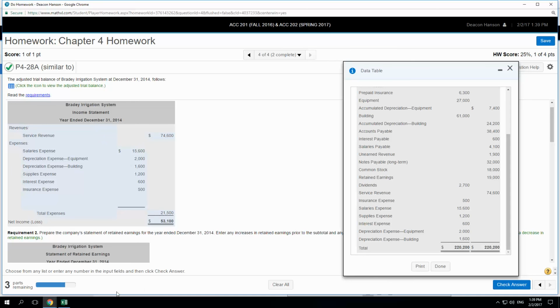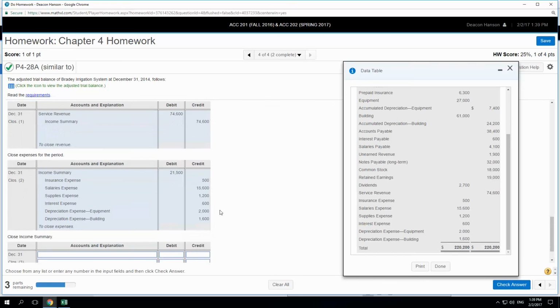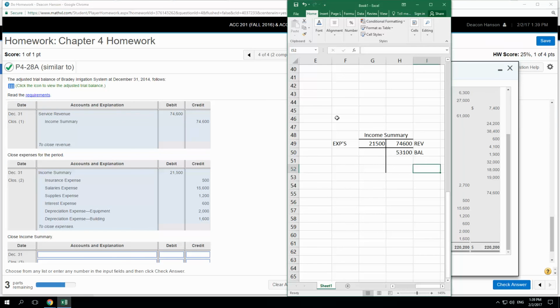Okay, but we're still doing the bookkeeping here, so we need to eliminate the income summary account. So what we're really doing is we're going to debit the income summary account for whatever the balance is, and the balance is 53,100. And what are we going to credit? Do you guys remember? What do I credit when I close the income summary account?